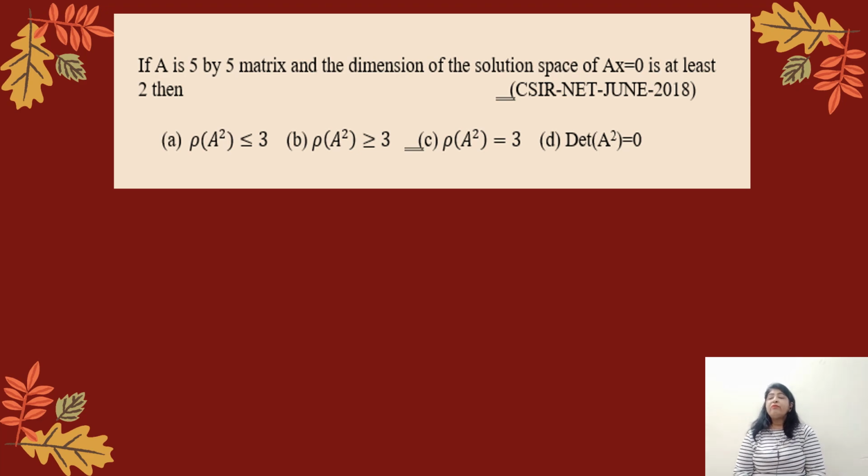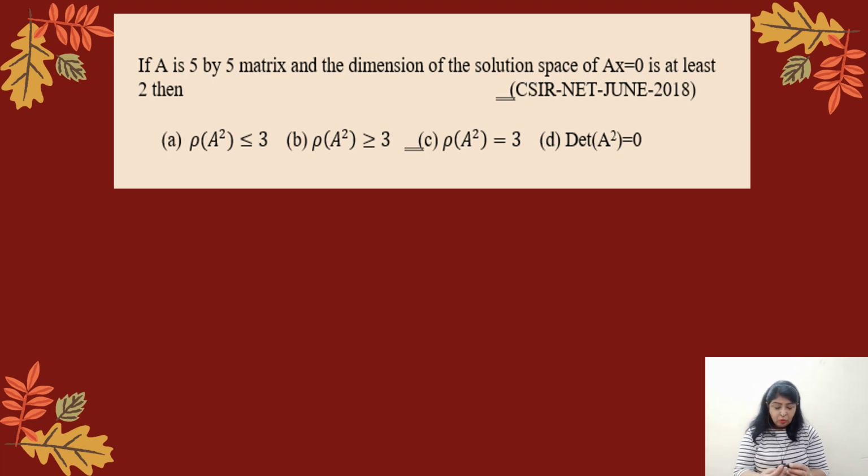Next you have, if A is a 5 by 5 matrix of order 5 and the dimension of the solution space of AX is at least 2. The dimension of the solution space, or the dimension of the null space, or the dimension of the kernel of A, is the nullity of A. This is given as at least 2. Then you have to choose one of the options. This question was asked at CSIR NET in June 2018.